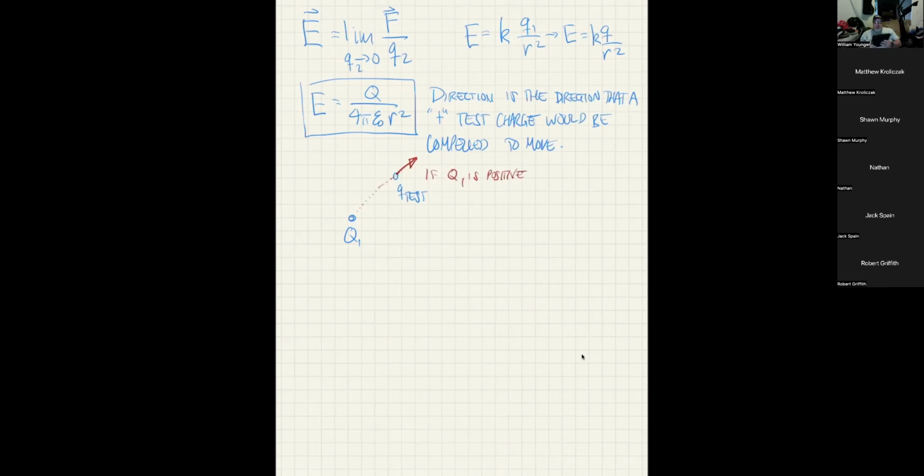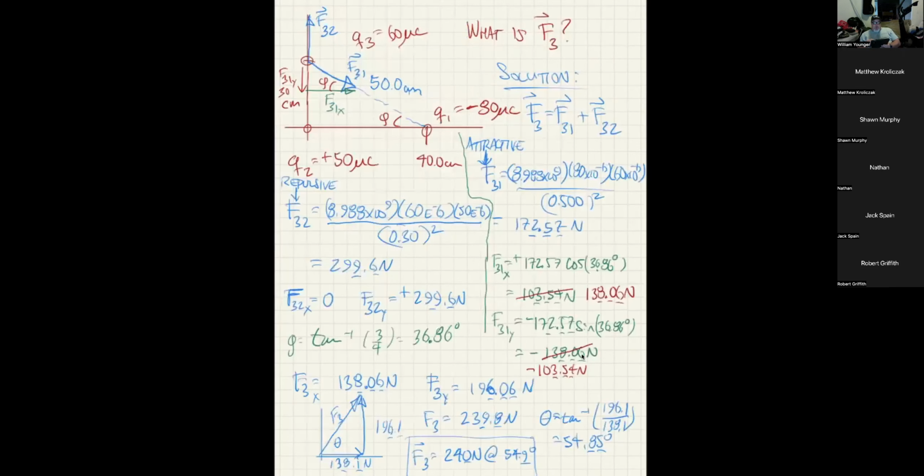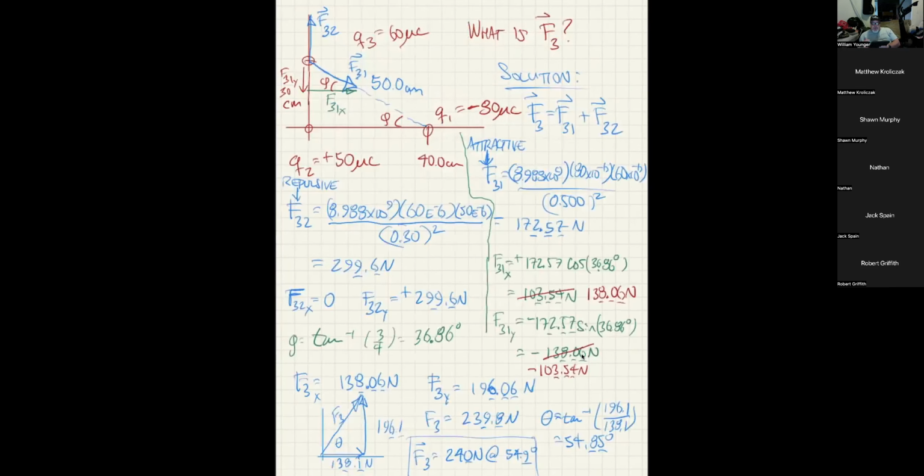Now, if you look back at this problem, notice the only difference here was we were using Coulomb's law, which is K Q1 Q2 over R squared. You can now, and this is the second extra credit problem, actually, technically, it's almost like a third extra credit problem, but I'm giving you credit for two of them.